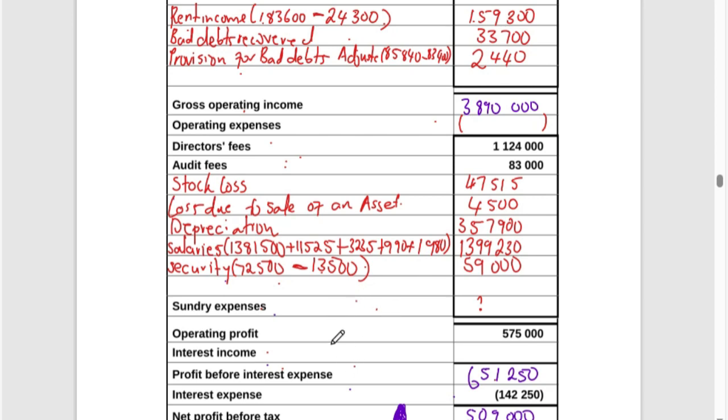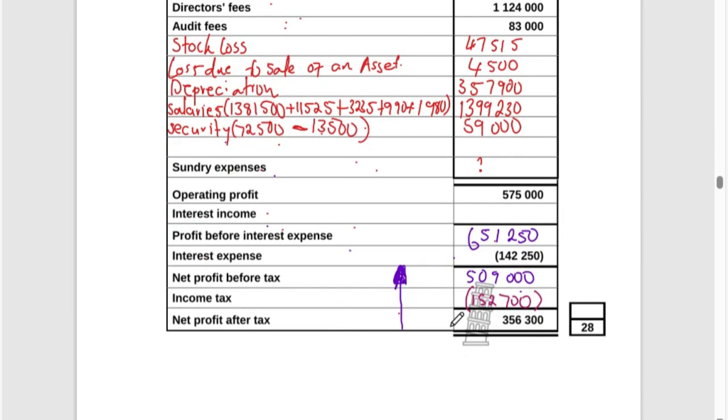Now let's continue from the downside. We see that everything has been recorded until profit before interest expense, and to get profit before interest expense, you need operating profit plus your interest income.